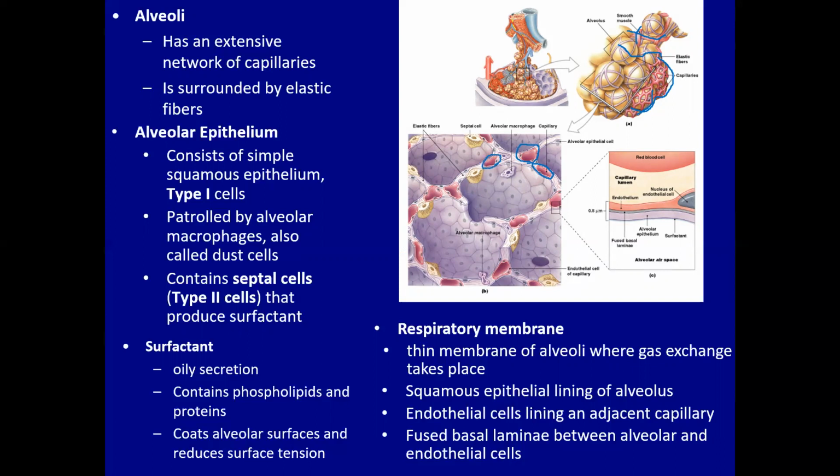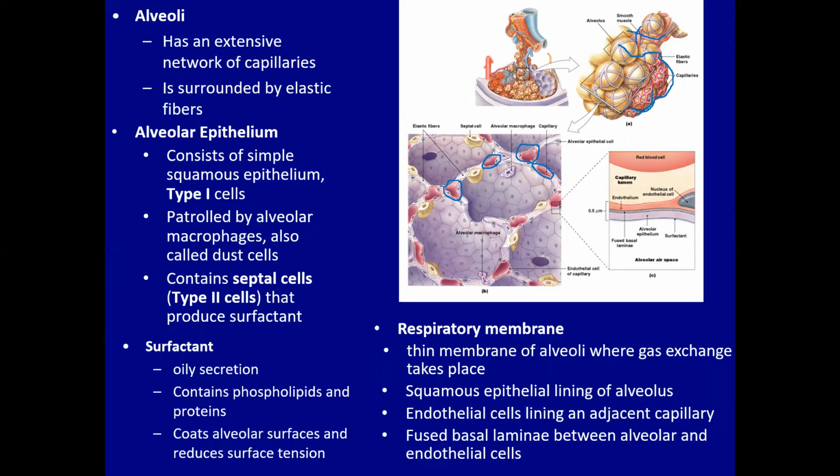So the capillaries surround each alveolus, but they do not go through or enter into individual alveolus or individual alveoli. We really need to make sure that you understand that.